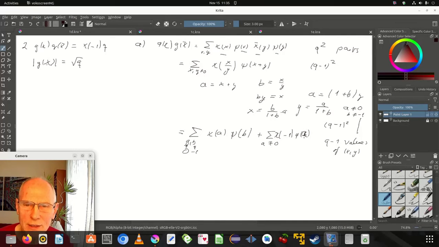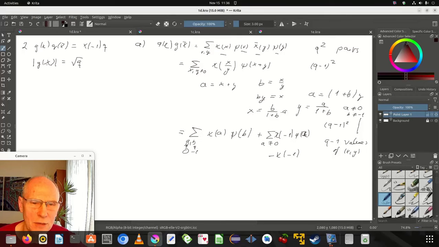The sum of all of these, not included, will vanish. So when we miss the value giving 1, it's minus chi of minus 1. And now what do we get over here? Here we sum over these, and it's the same.